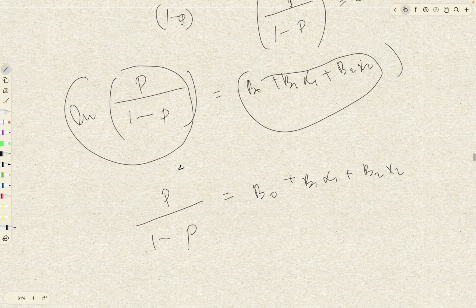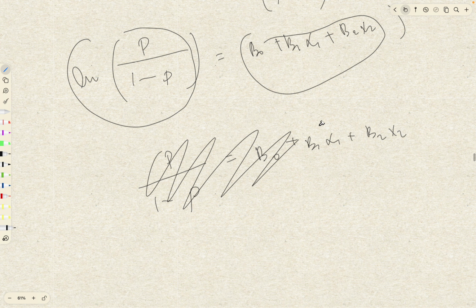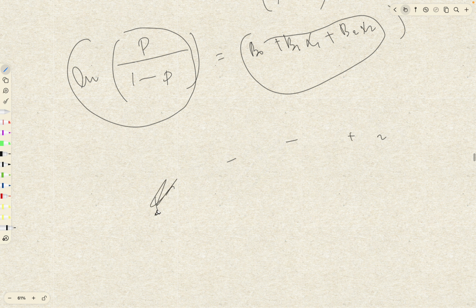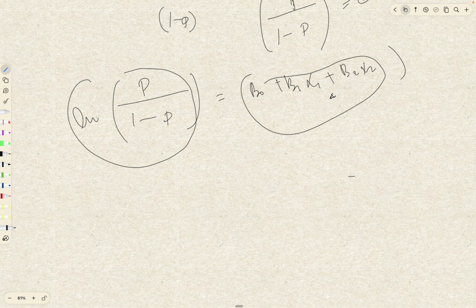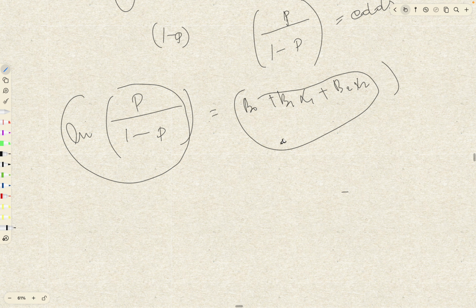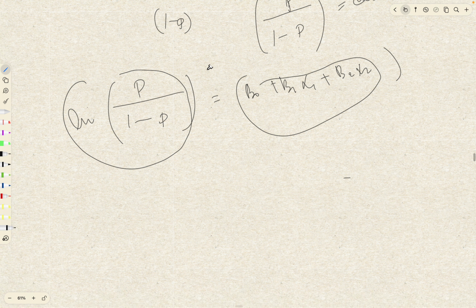And what else can we do here? We will try to find p in this equation. We found a function that maps linear regression to this one because their domain is the same.